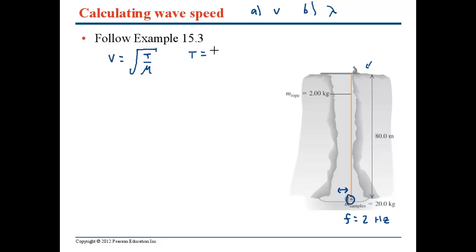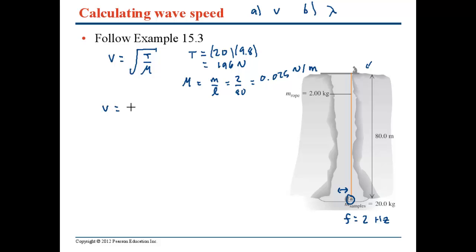So the tensional force is going to be the 20 kilogram box multiplied by gravity, 9.8, so 196 newtons. The mass per unit length is just going to be mass per length of the string. That's going to be 2 divided by 80, or 0.025 kilograms per meter.